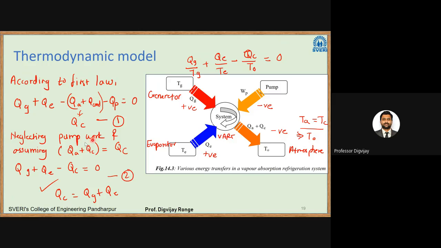Neglecting pump work and assuming QA is equal to QC is equal to Q, the condenser heat I have replaced by QC. Next is QG plus QE minus QC. So this will be the simplified equation, or in simple words, I can write QC is equal to QG plus QE. By simply applying the first law, I have derived this equation.